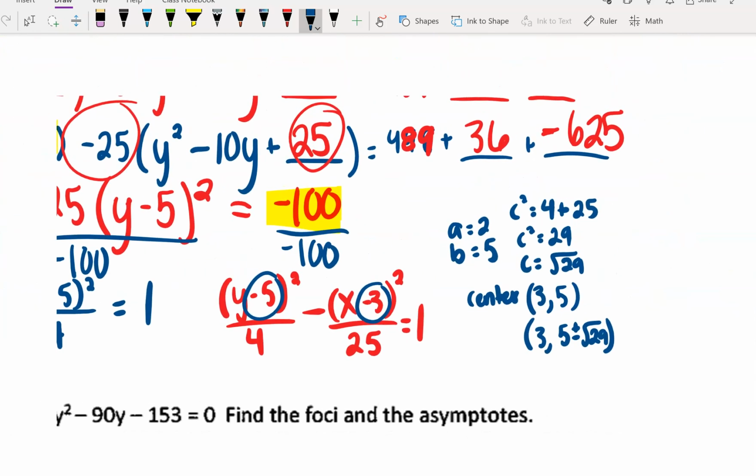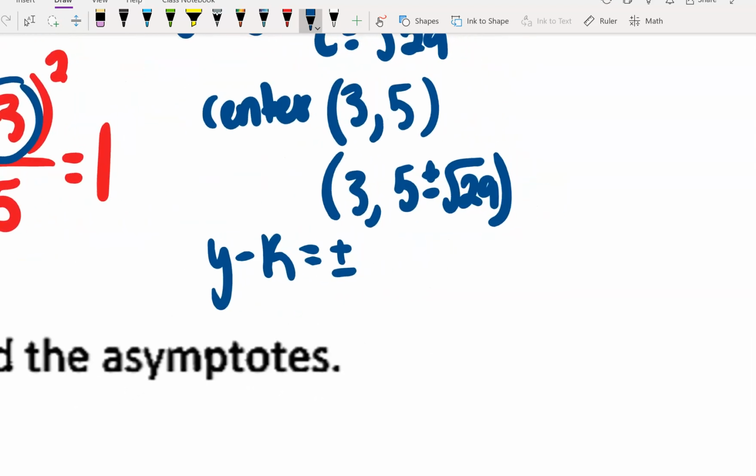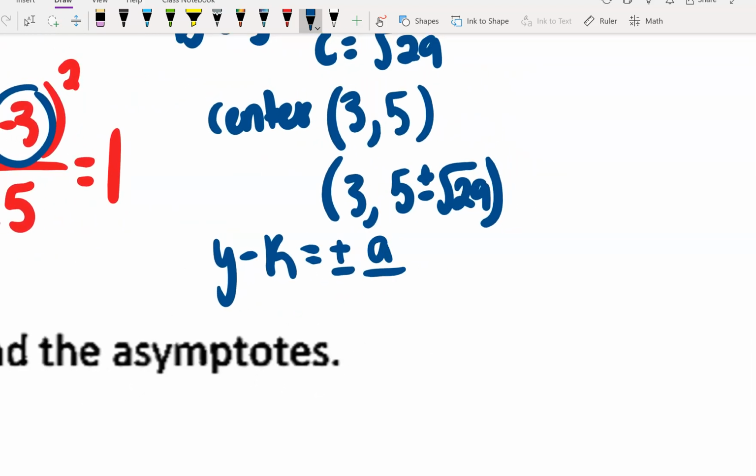And then what's the last thing I need to find? I think I need to find the asymptotes. Yes, the next thing you need to find are the asymptotes. I wrote that down wrong. The formula for the asymptote is going to be y minus k equals plus or minus, since this was a vertical one, a over b times x minus h.